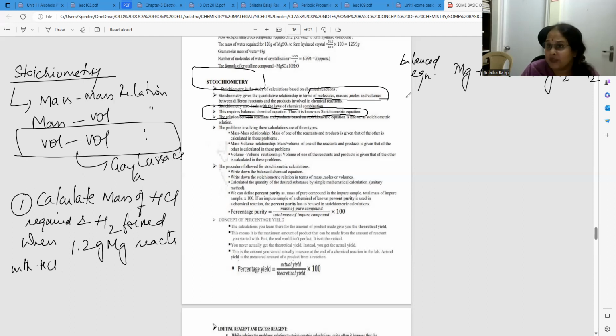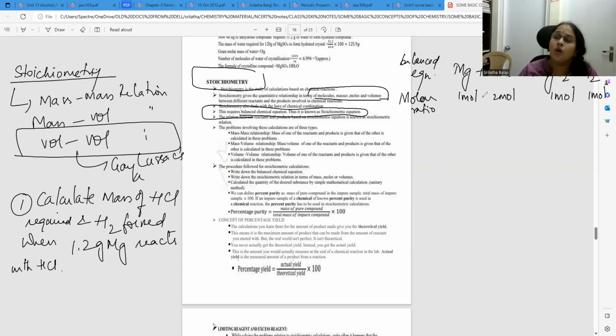And always first bring in the molar ratio, because the molar ratio is going to help you a lot. What is the molar ratio? 1 mole of magnesium combines with 2 moles of HCl to give 1 mole of MgCl2 and 1 mole of H2. Got it?